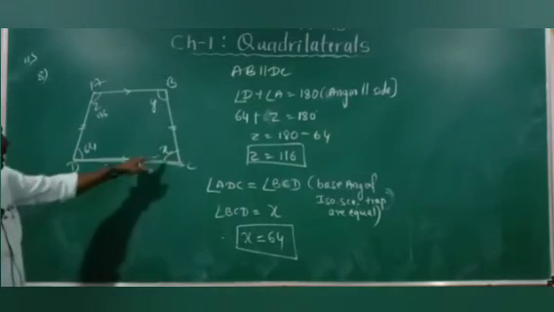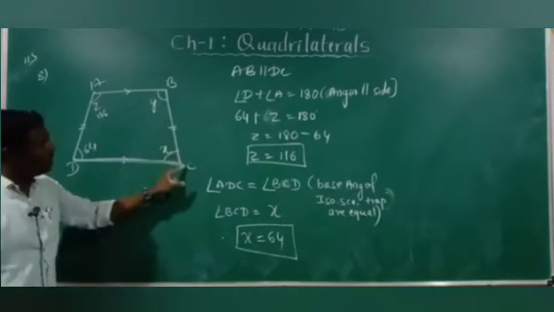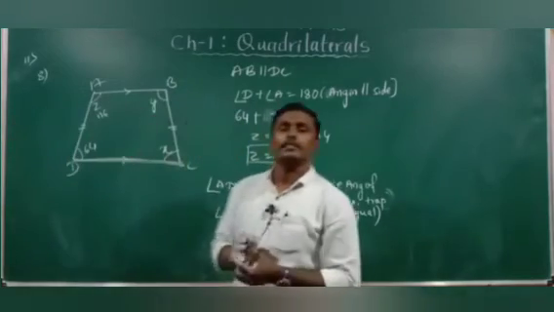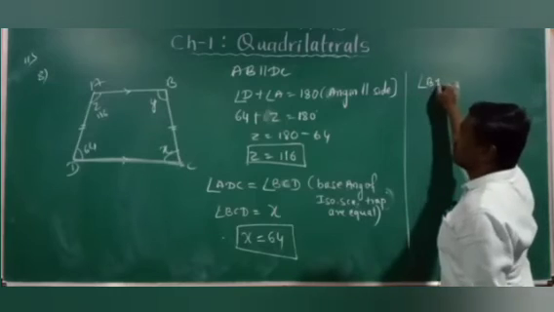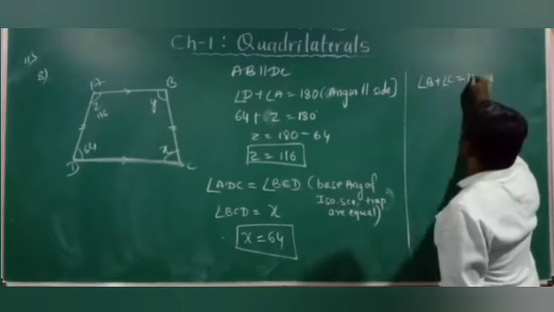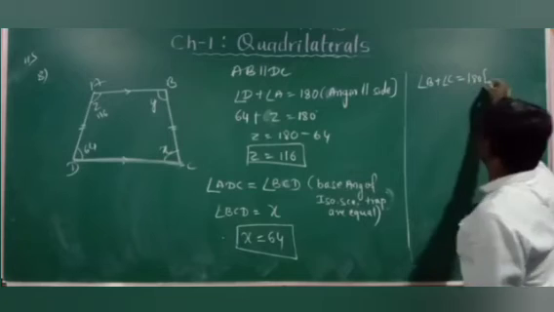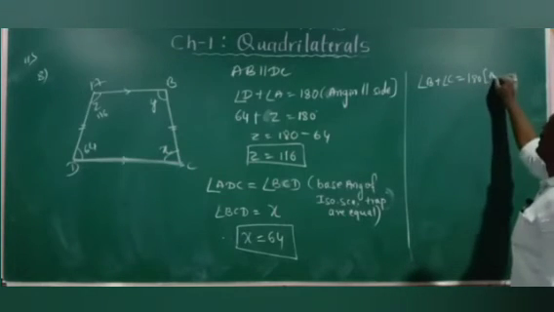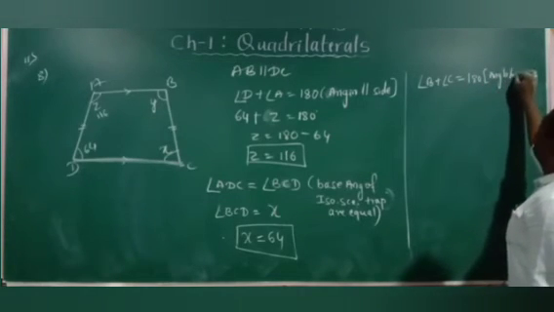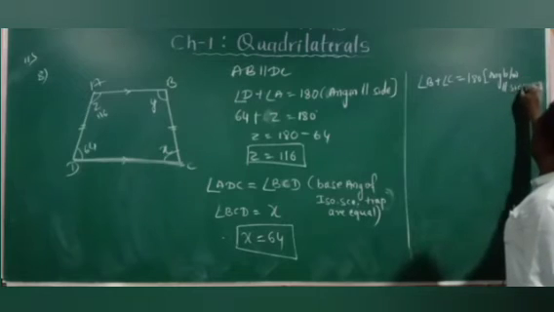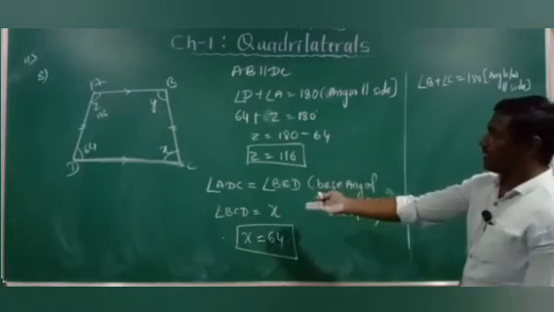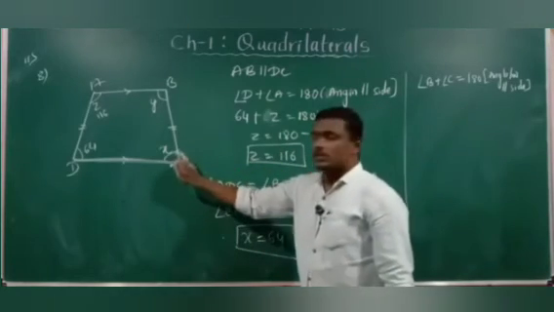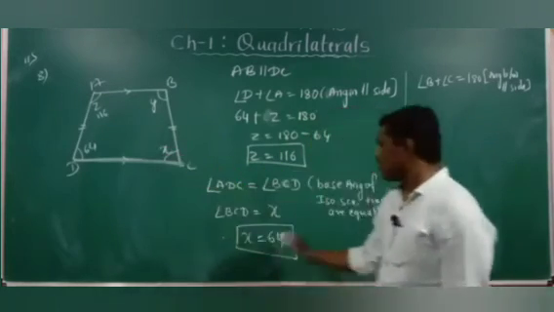Once you find the x value, angle B and angle C are the angles between the parallel sides. So angle B plus angle C is equal to 180 degrees because these two angles are formed between the parallel sides. Angle C is nothing but x, which we already calculated.